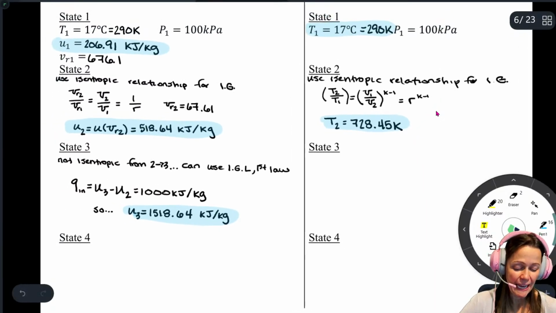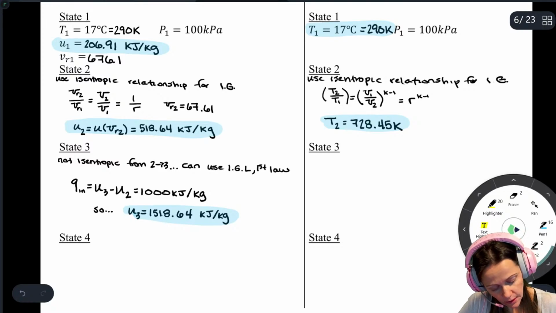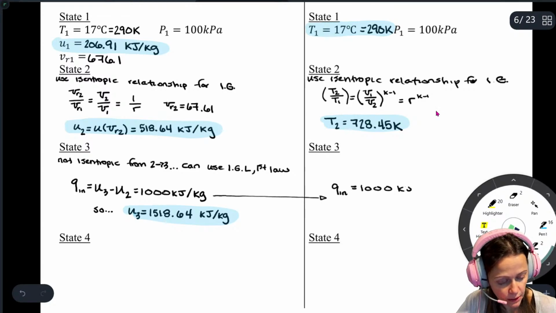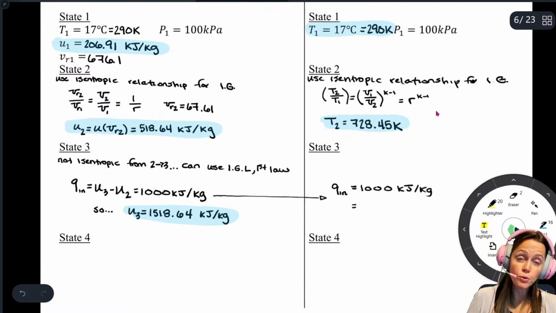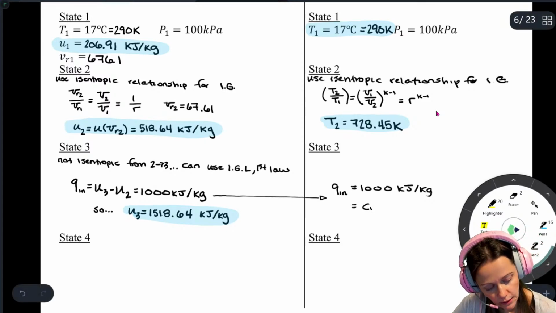All right, if we were able to assume specific heats, it gets even easier because it's the same equation except that our Qn, which is 1,000 kilojoules per kilogram, is equal to U3 minus U2, but since we're assuming specific heats are constant, it's going to be CV times T3 minus T2.